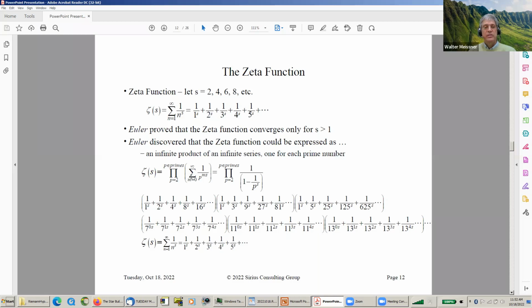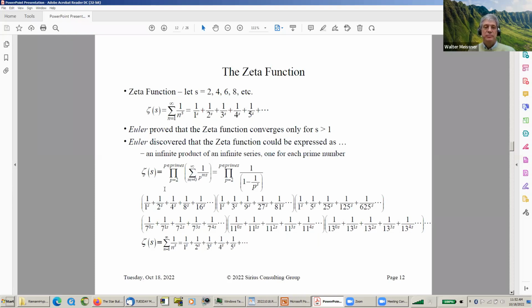And you have this series summation, p to the minus ms, where p is the prime given by the product. And you multiply this out, the summation from 0 to infinity. So here's the prime 2, and here's the prime 3, 5, 7, 11, and 13.